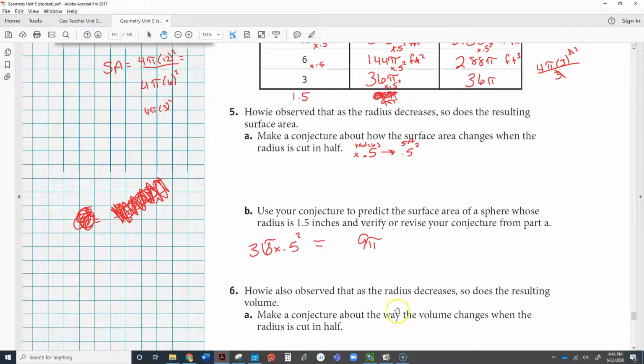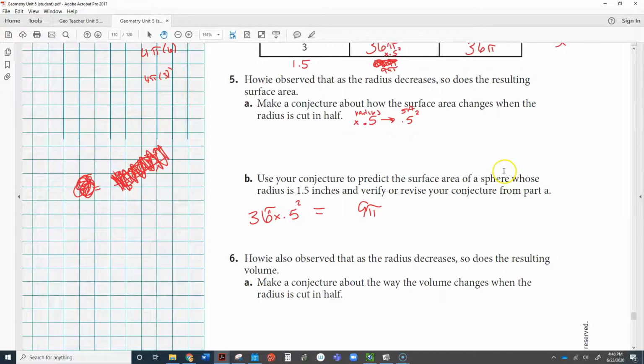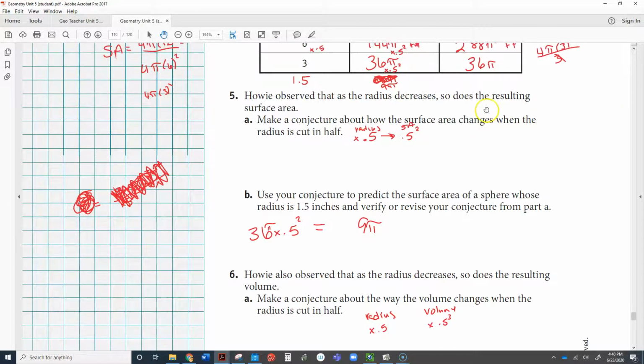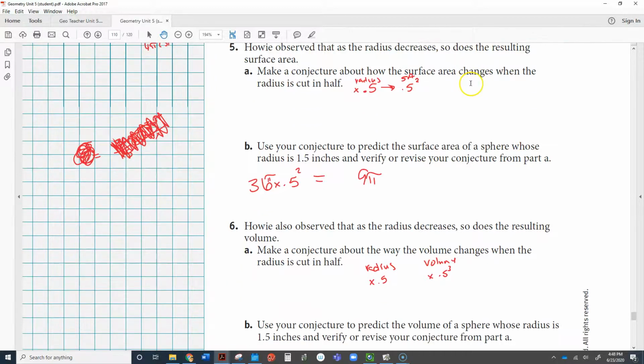He observed the same thing was happening to the volume, and we're going to make a conjecture that if the radius goes down by 0.5, then the volume would need to be multiplied by 0.5 cubed. So this 36 right here would need to be multiplied by 0.5 cubed.